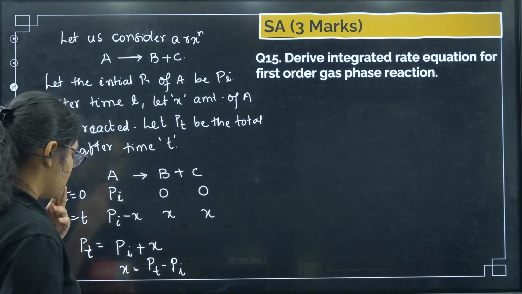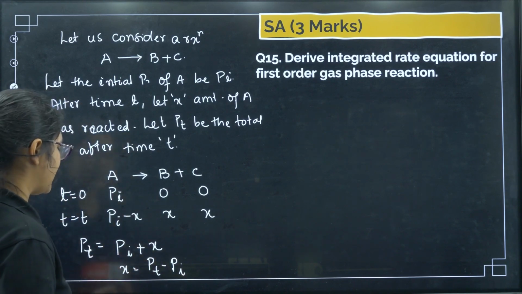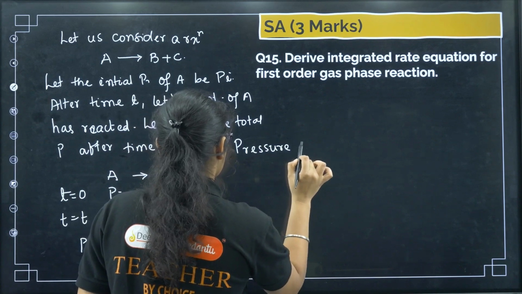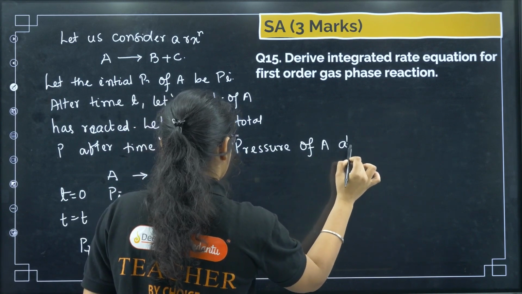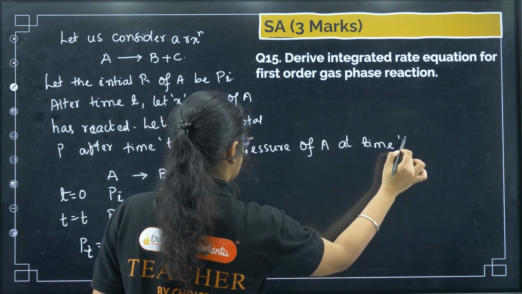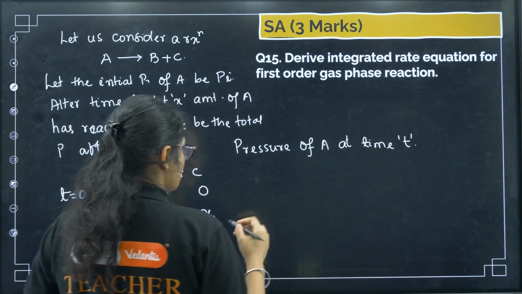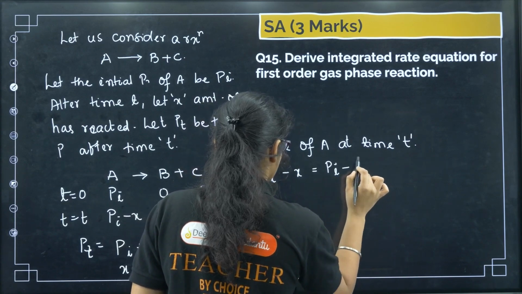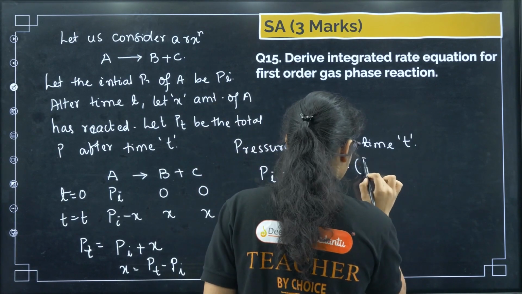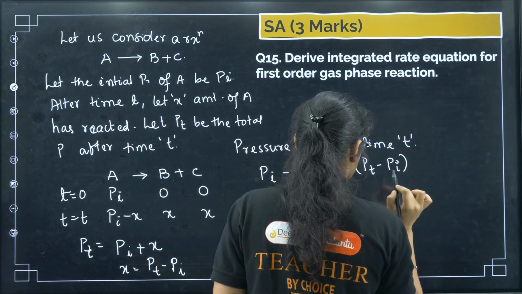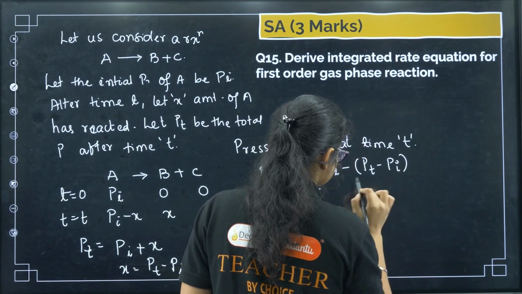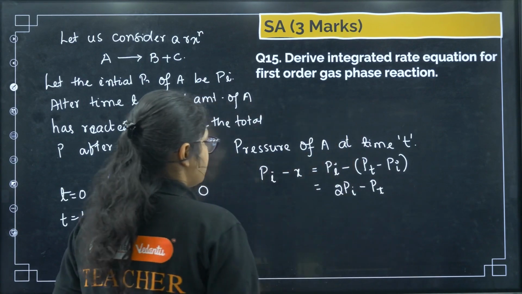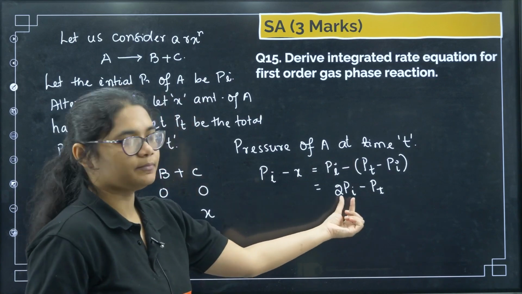Clear? Now I can calculate the pressure of A at time t. That is Pi minus X, and X value is Pt minus Pi, and that will give me 2 Pi minus Pt. The pressure of A after time t is 2 Pi minus Pt.